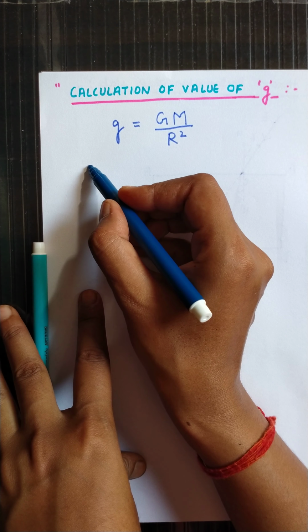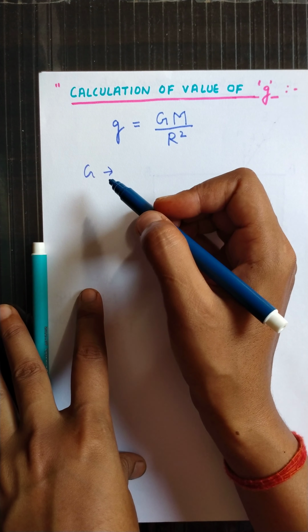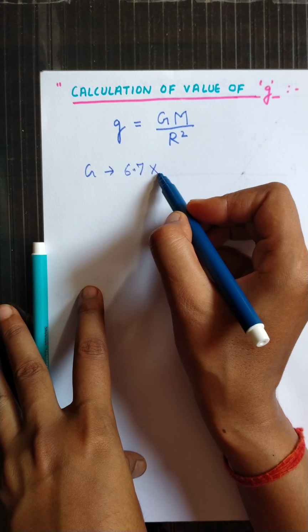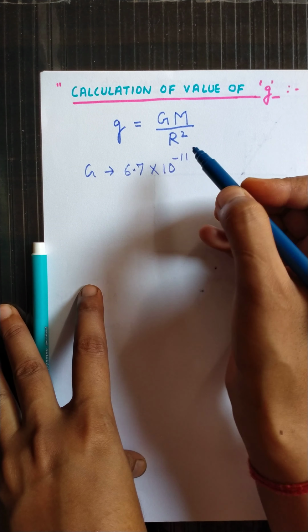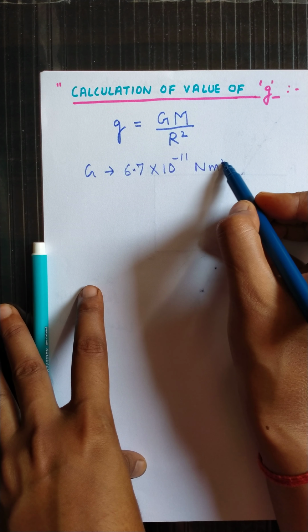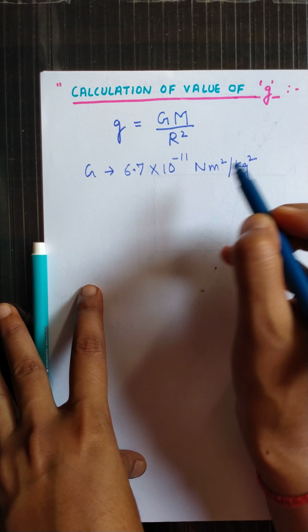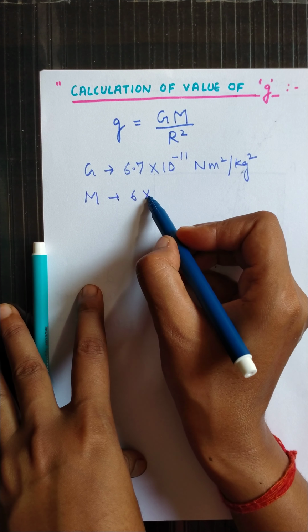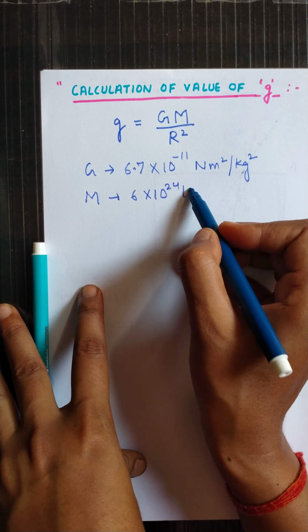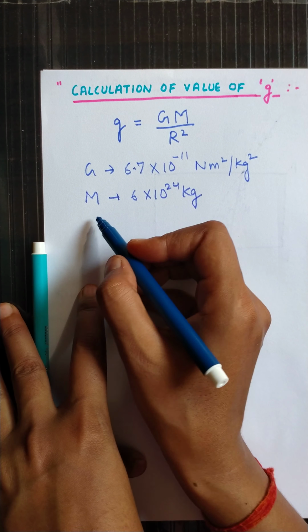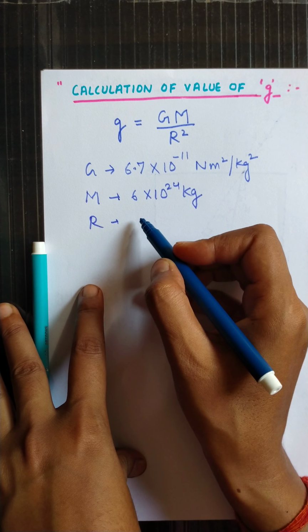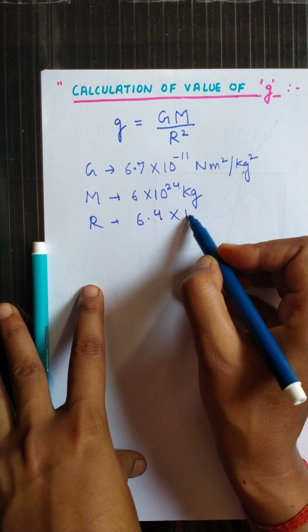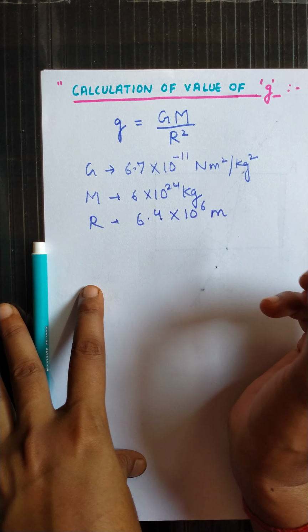The value of the universal gravitational constant is approximately 6.7 into 10 raised to minus 11 Newton meter square per kg square. The mass of earth is 6 into 10 to the power 24 kg, and the radius of earth is about 6.4 into 10 to the power 6 meter.